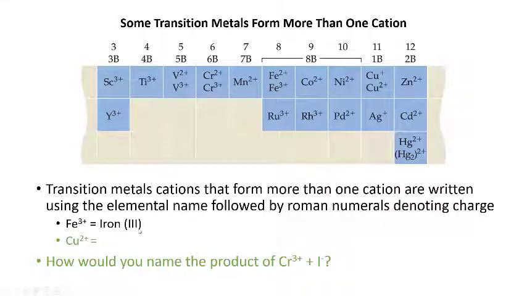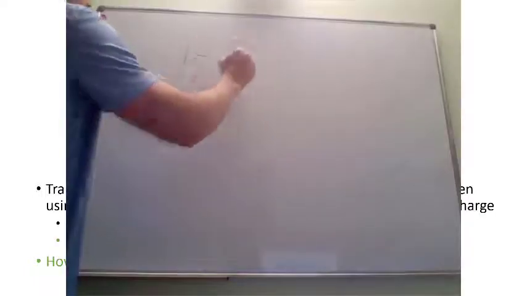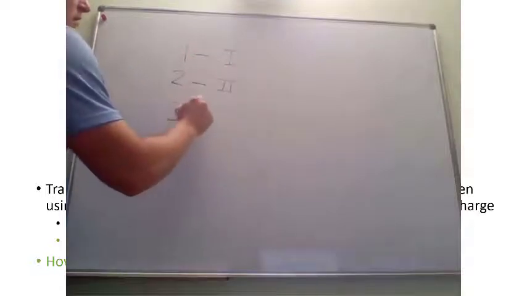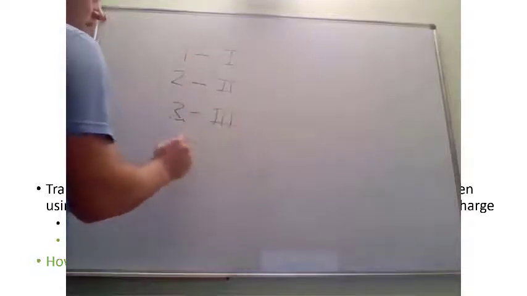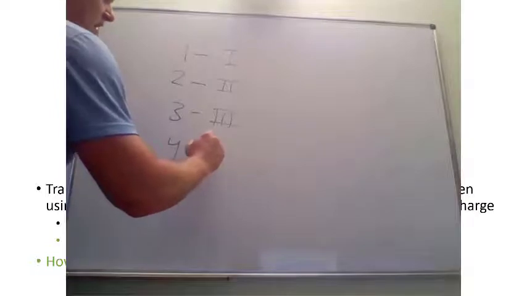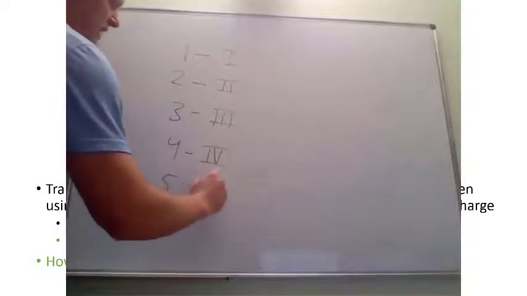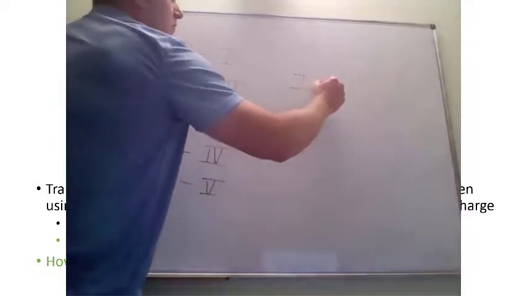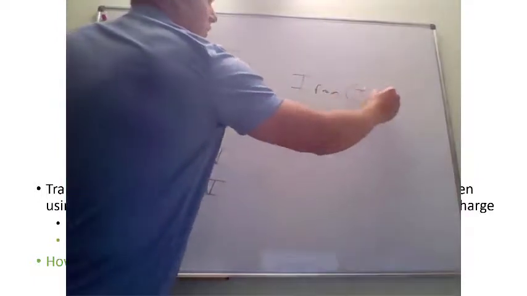In case you're not familiar, 1 has the Roman numeral I, 2 is II, 3 is III, 4 is IV, 5 is V, etc. And so the labeling for iron is iron(I), (II), (III).